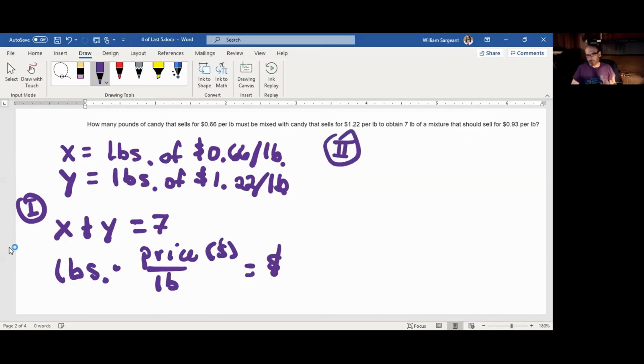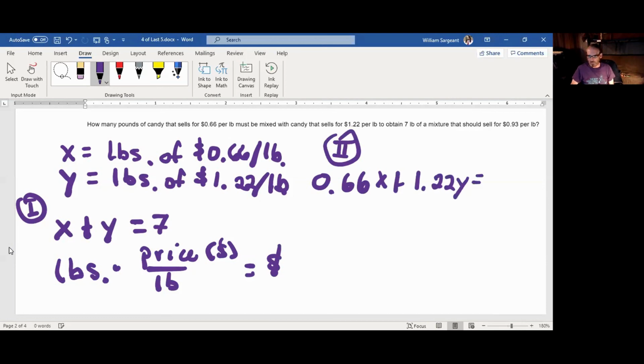I have to apply that for all three types of candy. 66 cents per pound, or $0.66, times X pounds of that, plus 1.22 times Y as well.